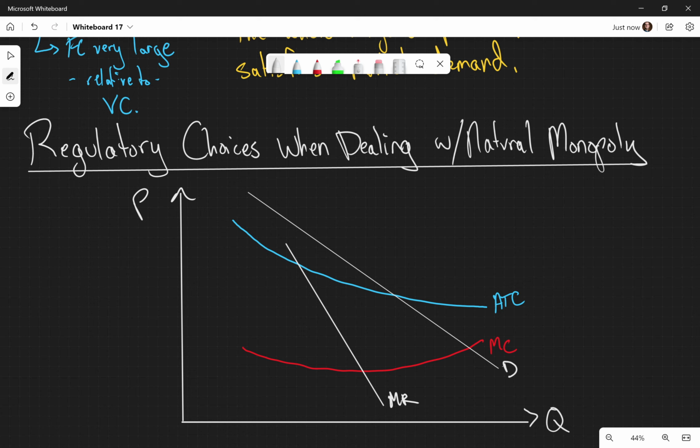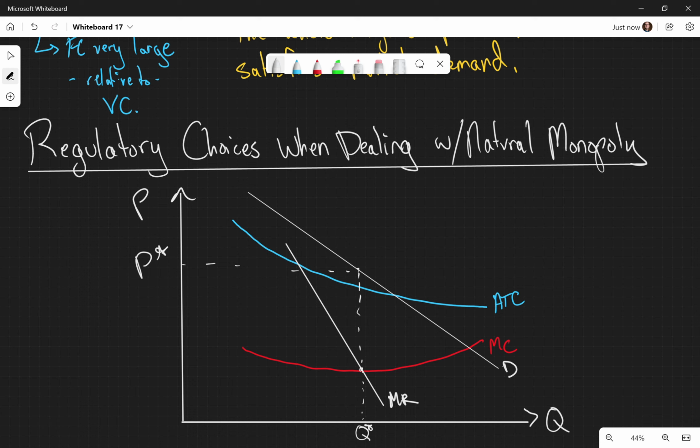So we know from our optimal maximization of profits rule that we're going to find where marginal revenue crosses marginal cost. This is going to give us our profit maximizing quantity. Then we're going to go up to the demand curve, and that's going to give us the actual price.